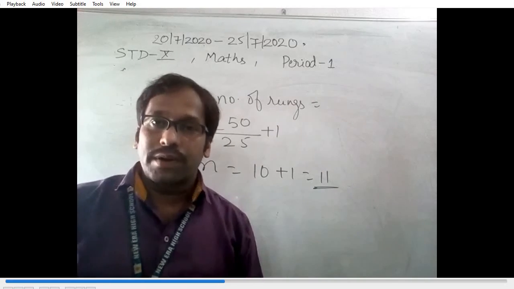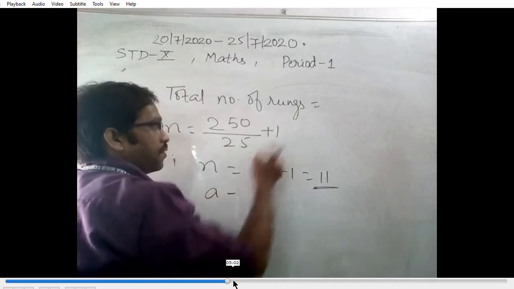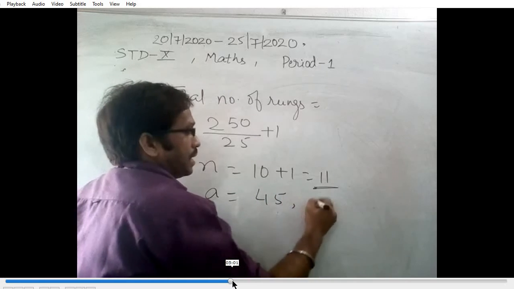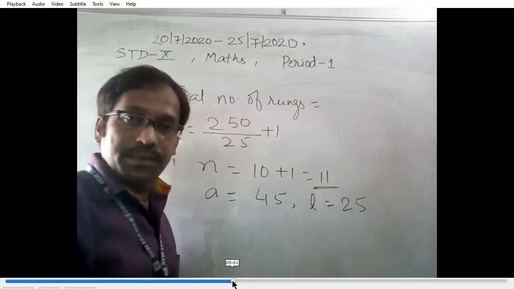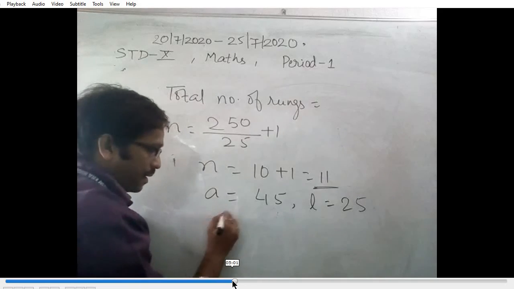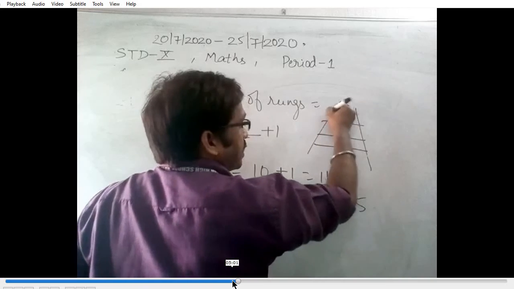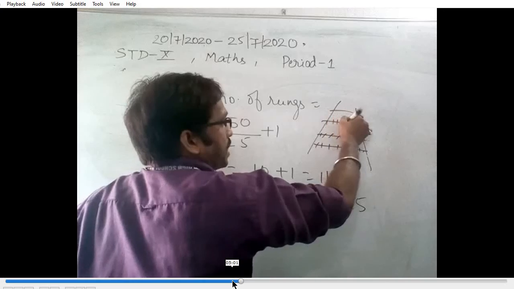So now we will find the total length of the wood. A is given 45, L is given 25, n we have just found 11. So now we can find the sum of n terms. This was the ladder. We have to add the lengths of the wood so that I can find the total length.